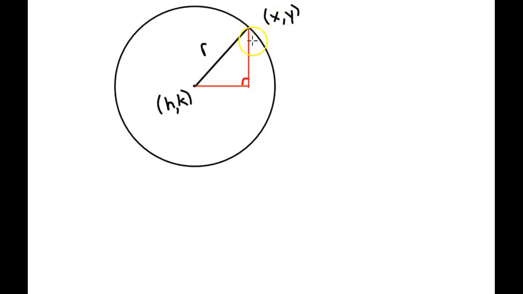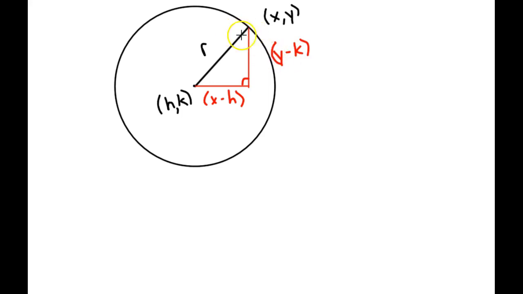Since this is a horizontal line and this is a vertical line, the horizontal distance is just the difference in the x values. So we could take x minus h, and that will be the distance from this point to the vertex of this triangle. This vertical distance would be represented by y minus k.